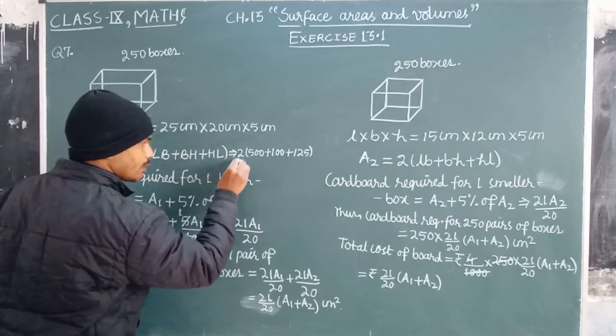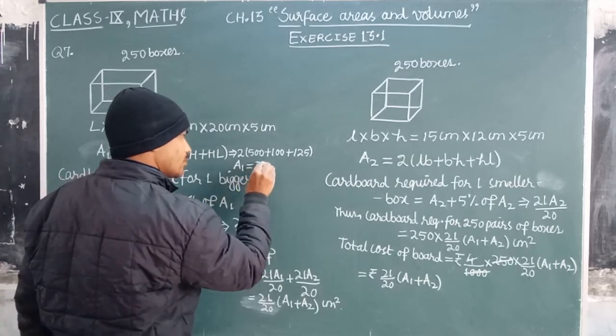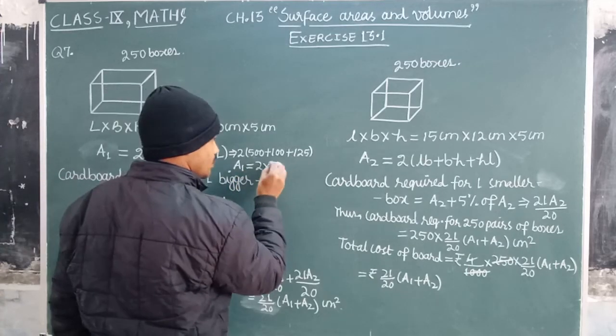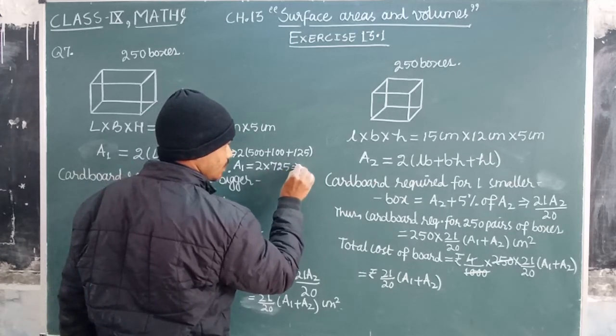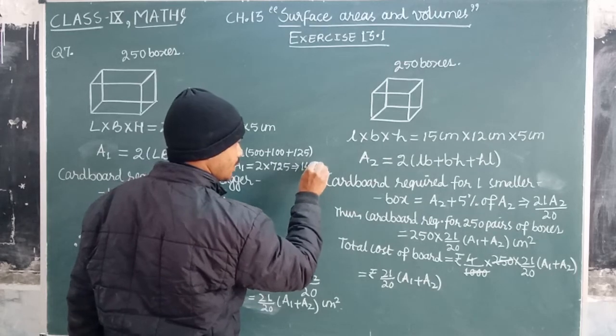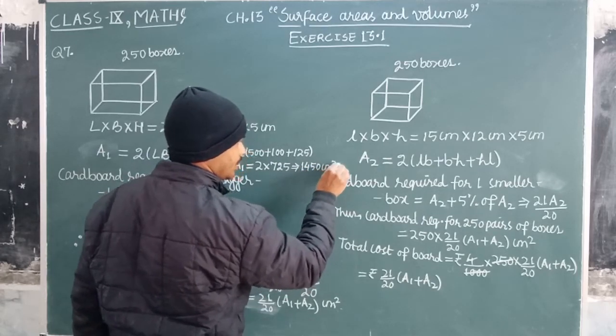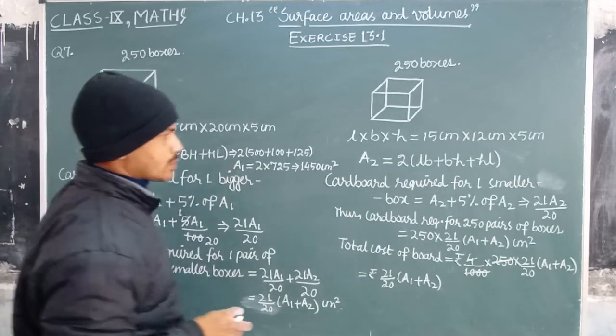So this A1 equals 2 into 725. This results to 1450 square centimeter. That's the total surface area of the bigger box.